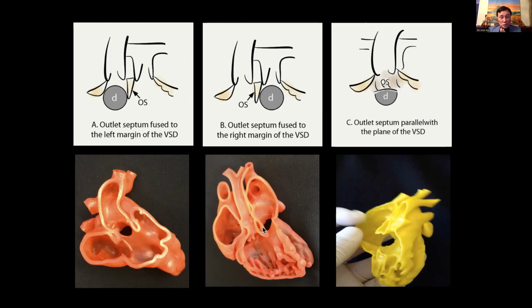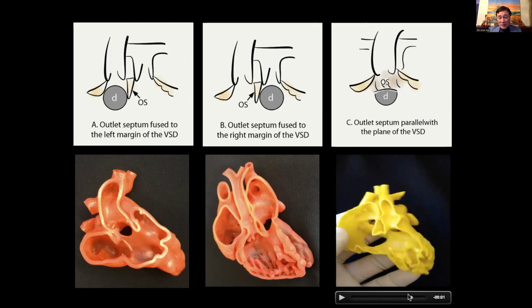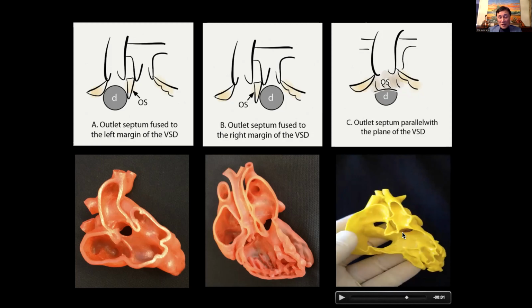The outlet septum goes to the right margin of the VSD, making this VSD exclusively below the pulmonary valve, away from the aortic valve. Okay? In this particular last case, the outlet septum is parallel with the rest of the septum, and the outlet septum is in front of the VSD, making this VSD committed to the posteriorly located arterial trunk, which is the pulmonary valve in this case.